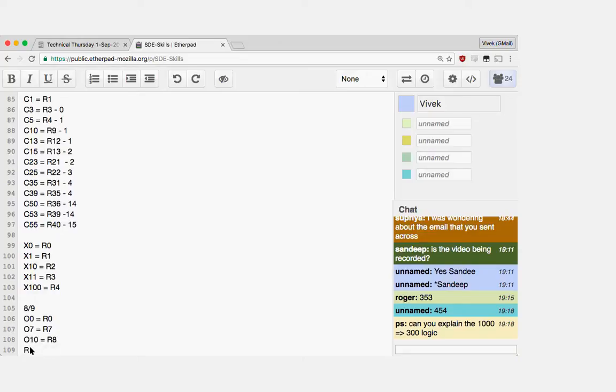Okay. What is this? It is octal. The left thing is octal, right? Octal 10 is actually decimal 8. Octal 17 is decimal 15.